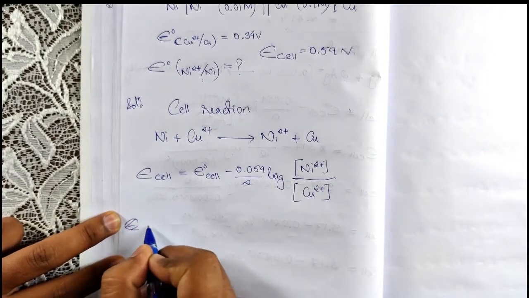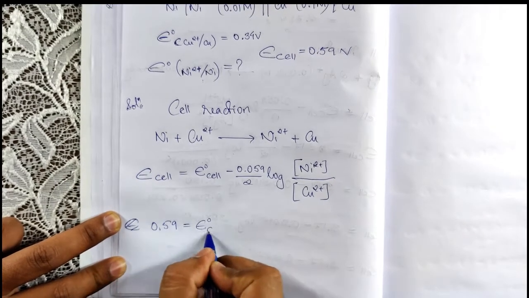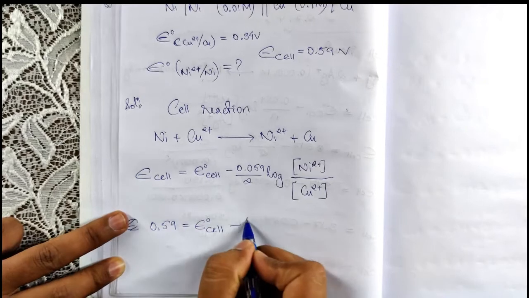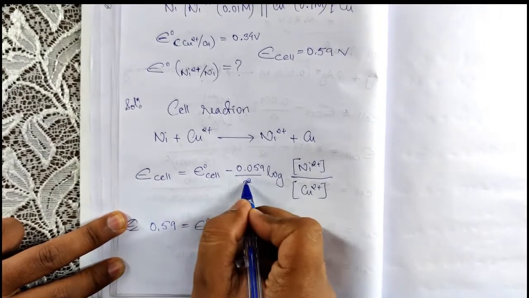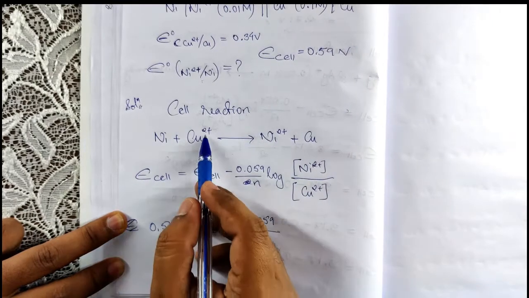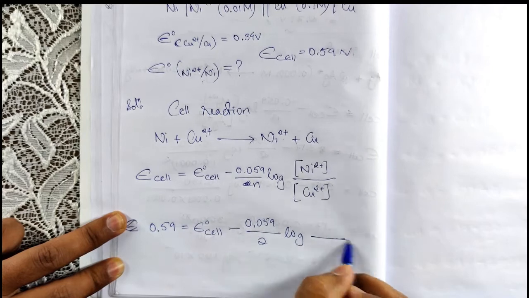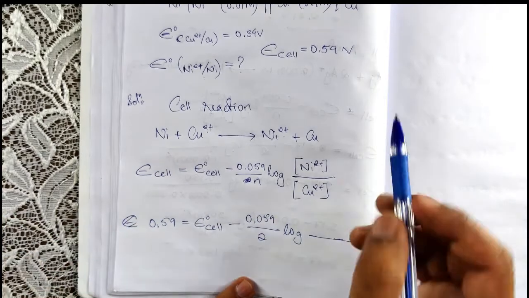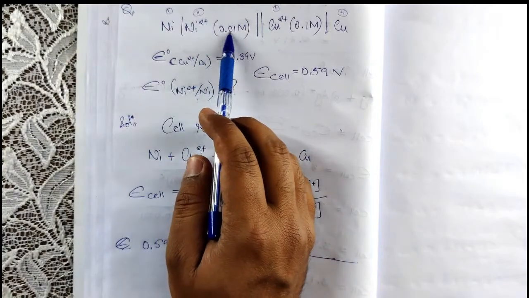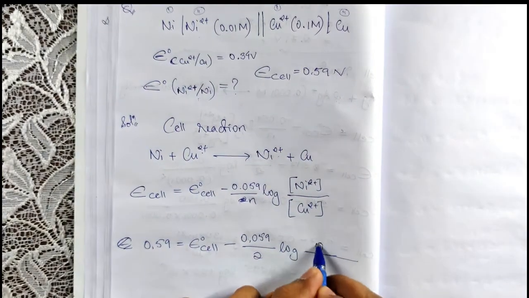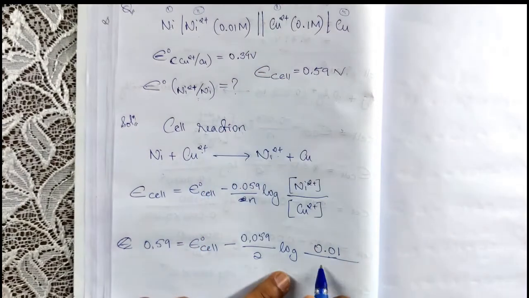So E cell 0.59 is equal to E naught cell minus 0.059 by n, and since this is 2 plus, n will be 2, log. So Ni2 plus, how much is Ni2 plus? Ni2 plus is 0.01. So out here 0.01 and Cu2 plus is 0.1.